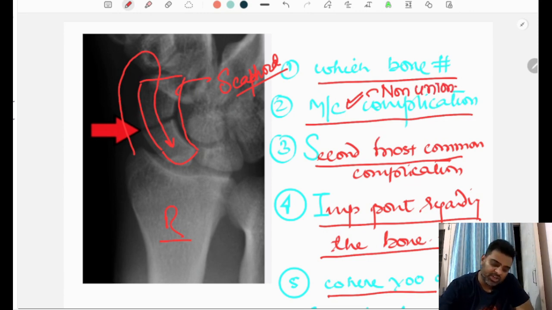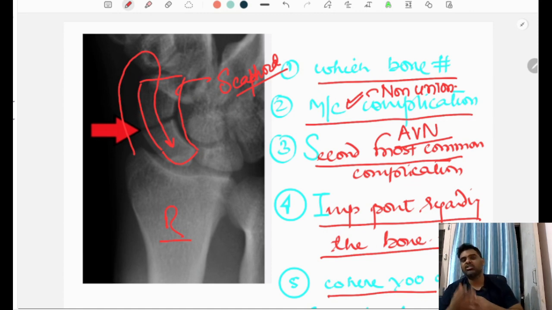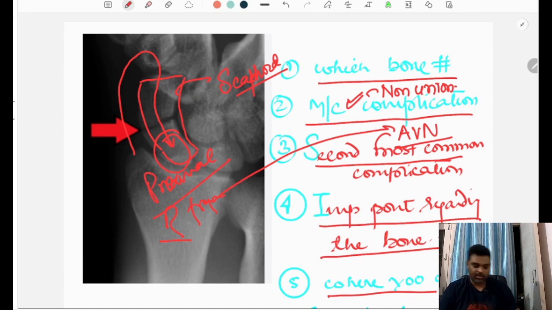The second most common complication is avascular necrosis. And which fragment goes into avascular necrosis? The proximal fragment, because the arterial supply comes from the distal end.